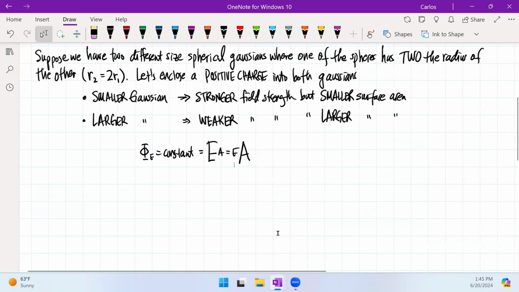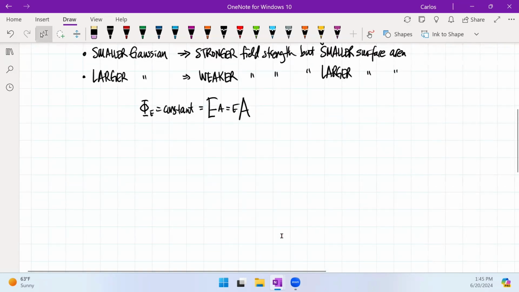So now let's go to the picture. So picture-wise, I'm going to say that I have a Gaussian. And let's say that this is my Gaussian right here. And again, we have an opaque Gaussian, so we don't know what's going on inside. And so when I'm looking at this, all we know is that inside of here is a charge.